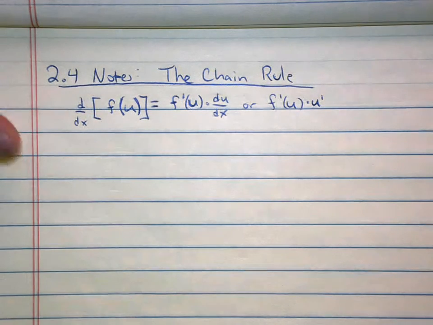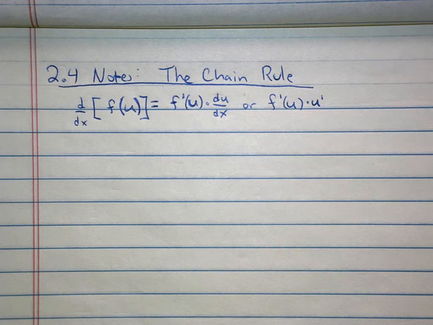That's what I want you to think of it as. It's the derivative of the outside times the derivative of the inside, and sometimes even the derivative of the inside of the inside. So the chain rule works from outside in.